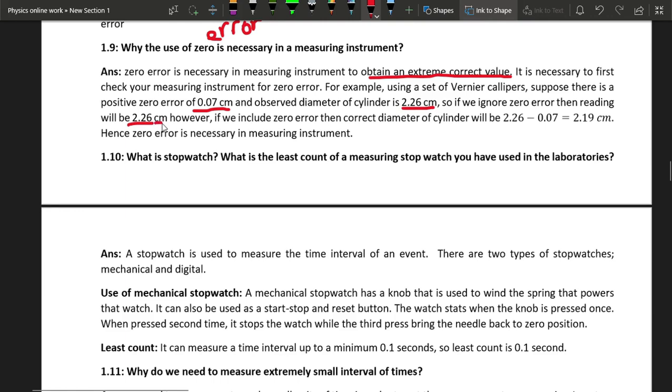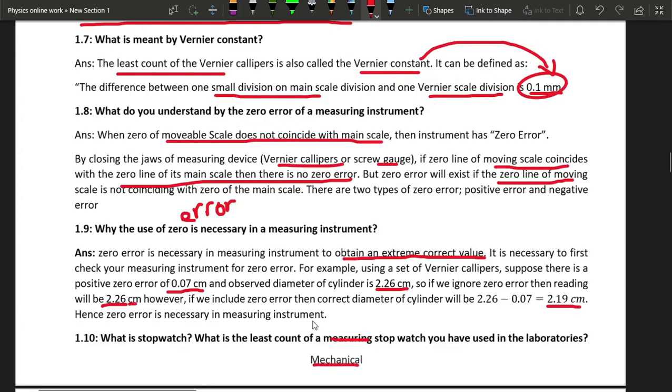But if we include this error and apply a suitable correction, the diameter of the cylinder will be 2.19 centimeter. So there is a difference between these two values. It means it is necessary to take account of zero error in a measuring instrument, otherwise you cannot get a correct value.